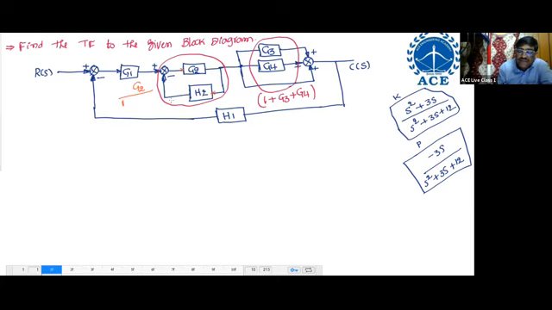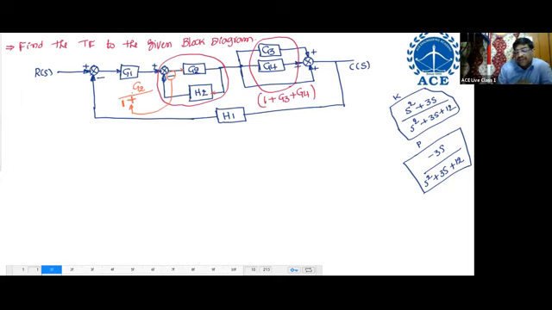G2 by, no term in the denominator means you write 1. Take the opposite sign of the feedback; minus means plus.